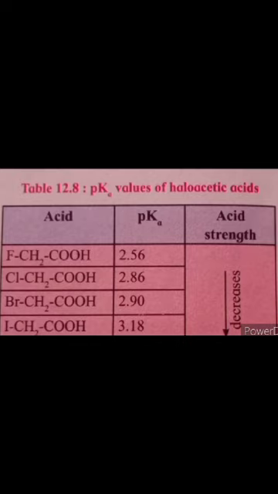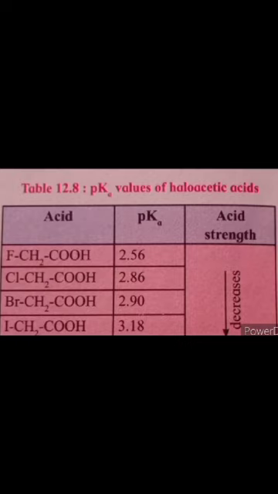Chloroethanoic acid has a pK value 2.86. Bromoethanoic acid has pK value 2.90. Iodoethanoic acid has pK value 3.18, and ethanoic acid has a pK value 4.76.